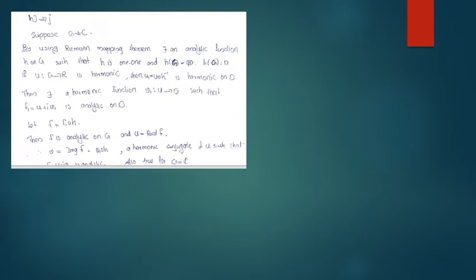Next, H implies J. In H, it is given that for any analytic function f, there exists a function g such that f equals g square.